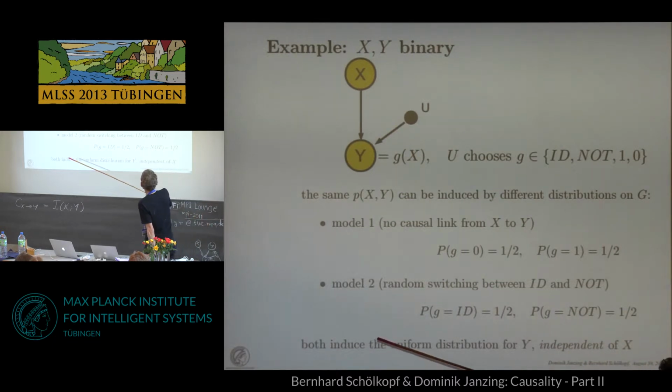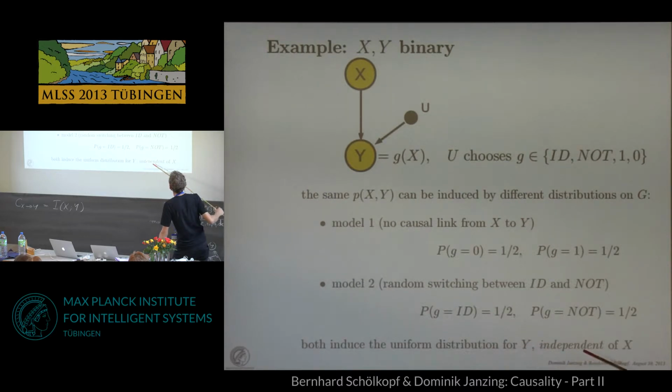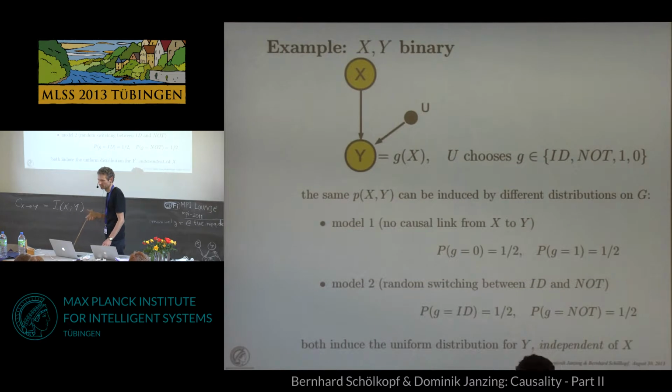So both induce the uniform distribution for y independent of x. This example shows that the structural equation models determine the conditional distributions and the joint distribution, but not vice versa. So to induce the same joint distribution, you may have different structural equations.